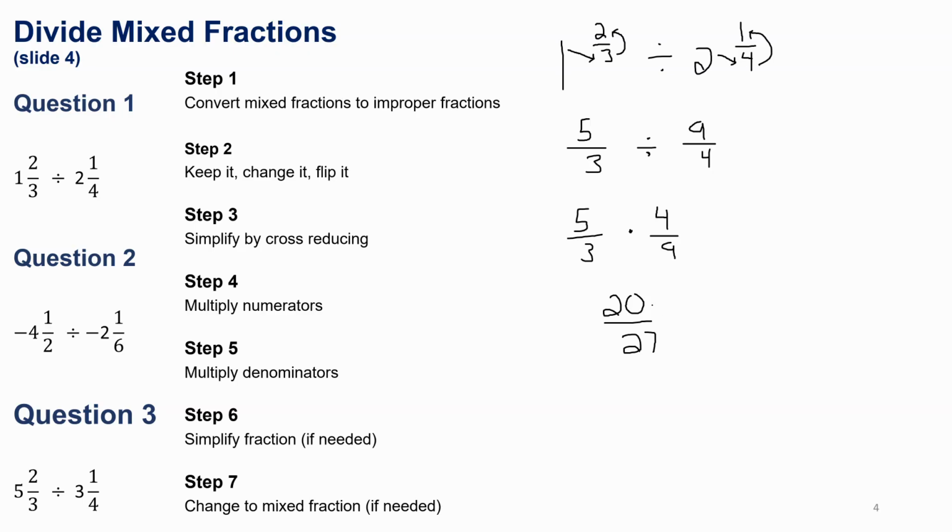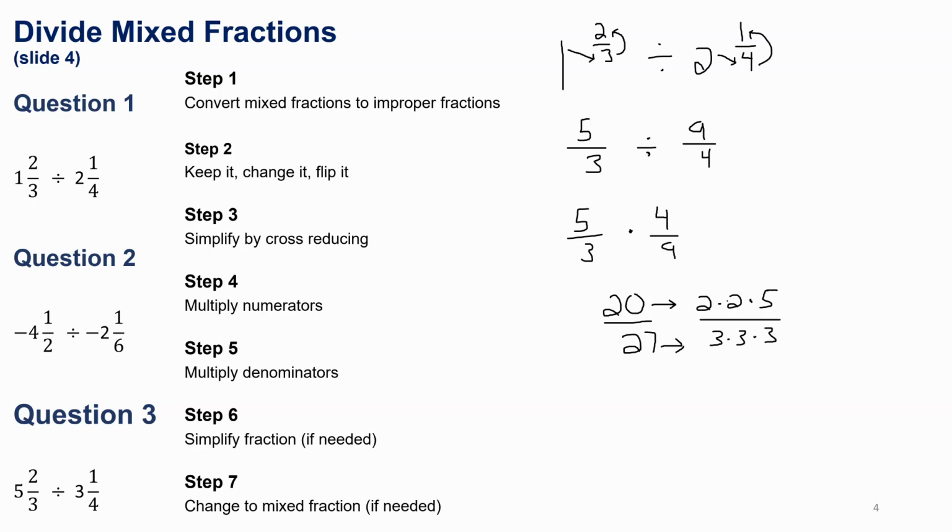These cannot be simplified. To show this, if I was to factor 20 into its prime factors, this would be 2 times 2, which is 4, times 5, which is 20, over 27, which is 3 times 9, or if I was to do all prime factors, it would be 3 times 3, which is 9, times another 3, which is 27.